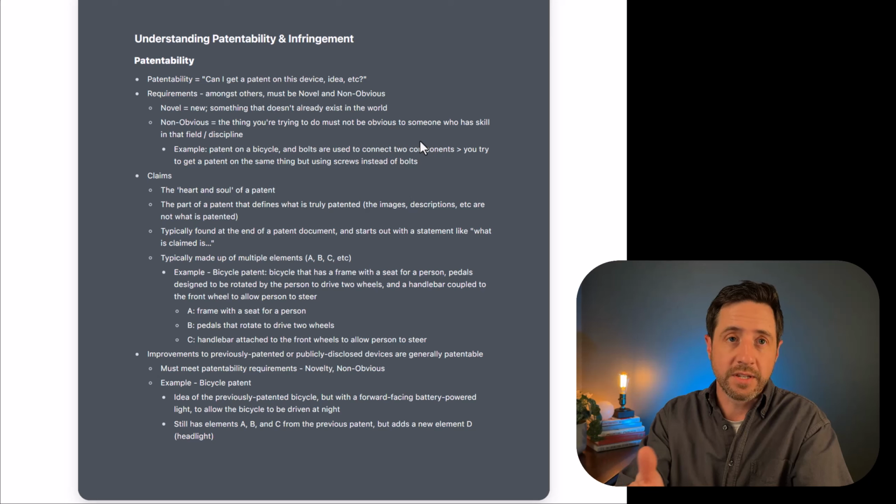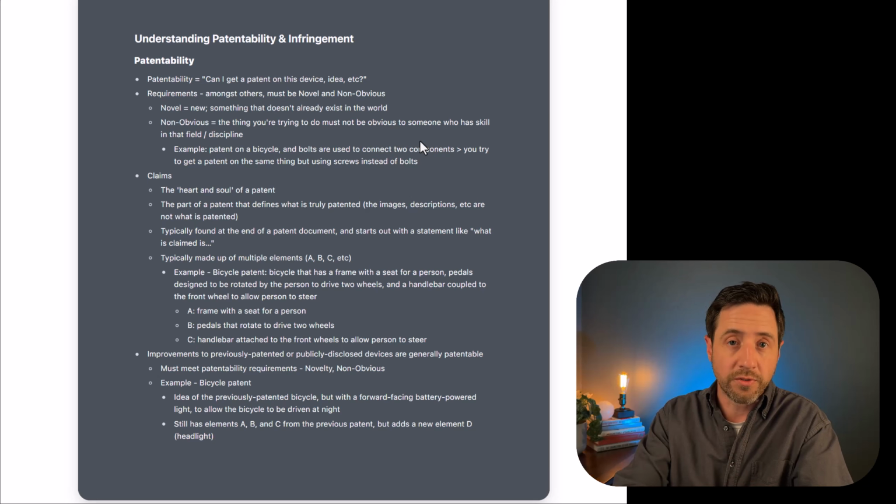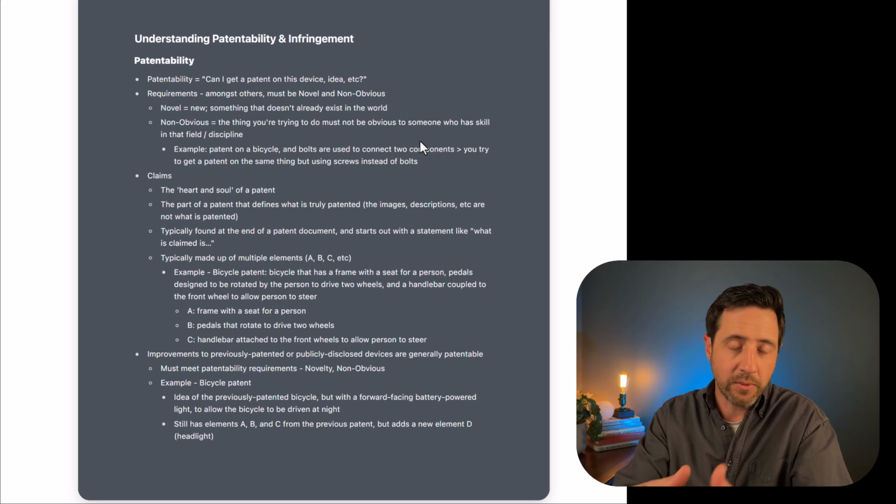An example of obviousness when we're talking about bicycles would be, let's say there was a patent out there, and part of the claims talked about one part of the bicycle being attached to another part with bolts. An example of an obvious invention would be that you try to get a patent on the exact same thing, but instead of connecting those 2 pieces of the bicycle together with bolts, you're going to use screws. That would be considered obvious.